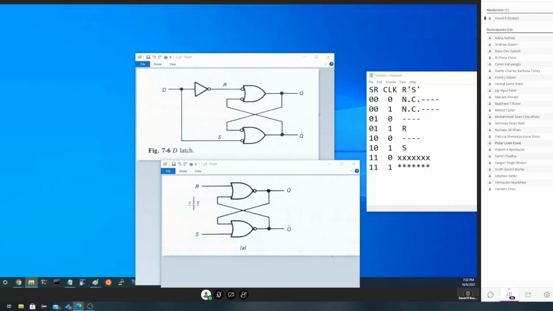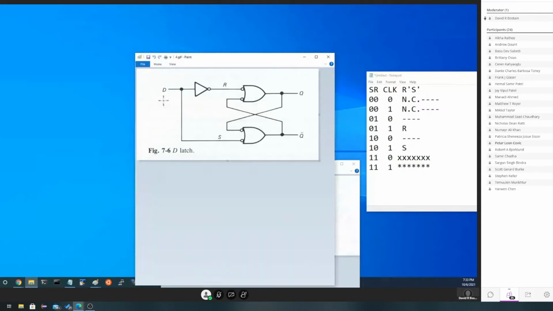Over here, though, I had a third choice, which was I can get rid of R and I can get rid of S, and Q remembers what it's supposed to be. In this particular little circuit, if D is a 1, Q is a 1. If I put D back to 0, Q becomes a 0. It doesn't remember what it would be. So I literally don't have that don't change state.